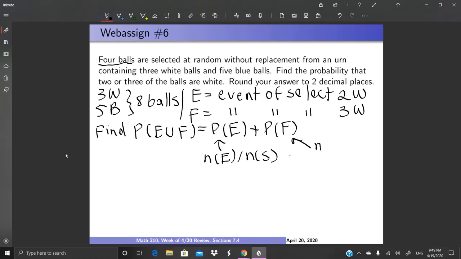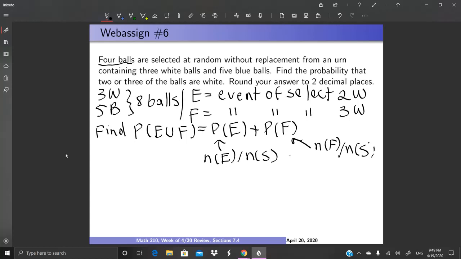We have to find the number of outcomes in that event divided by the number in S. Once we figure out what those quantities are, we'll add them together and that will be the probability that we want. We'll start with the number of elements in S. How many outcomes are in the entire sample space?